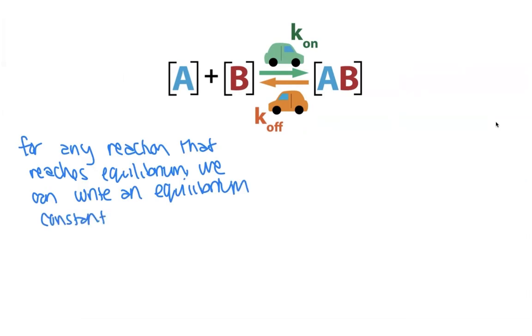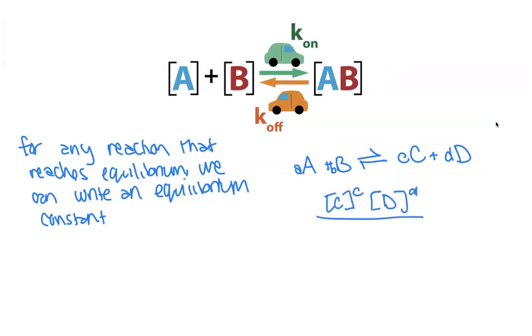So remember we had that generic form where we had little a A plus little b B going to little c C plus little d D. And then we said, okay, well, we could write this equilibrium constant where we had [C] to the c times [D] to the d over [A] to the a and [B] to the b.